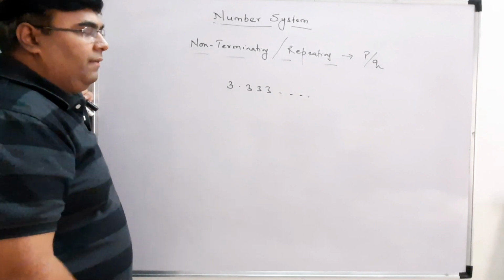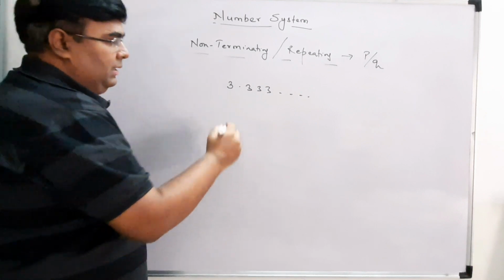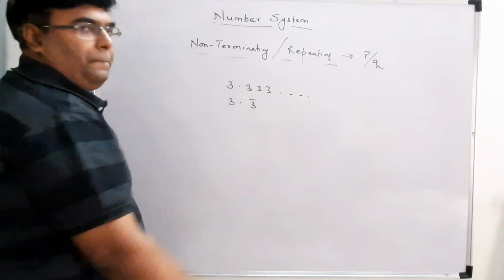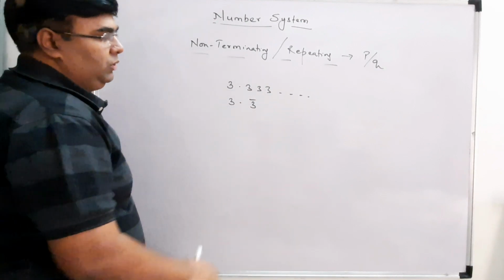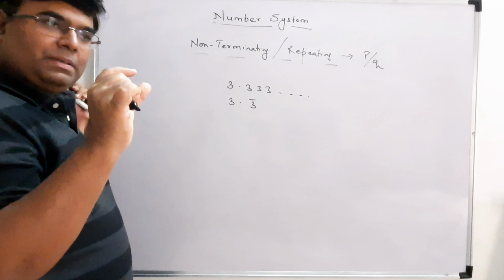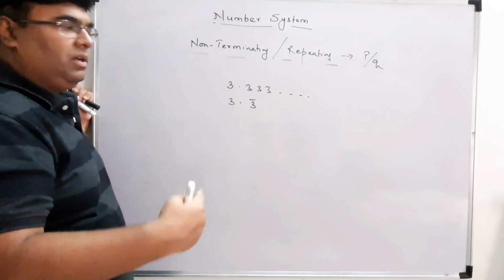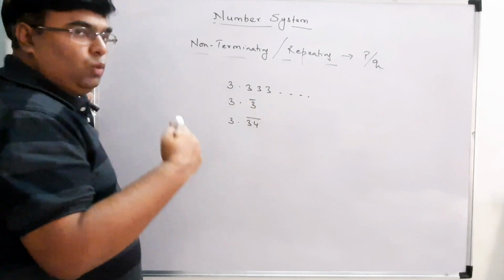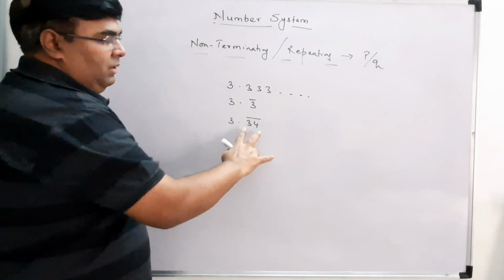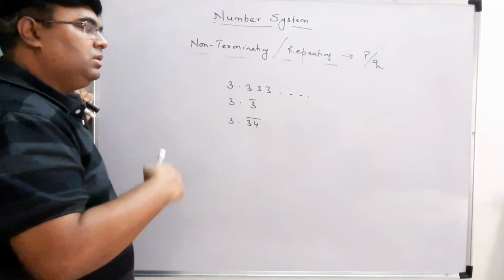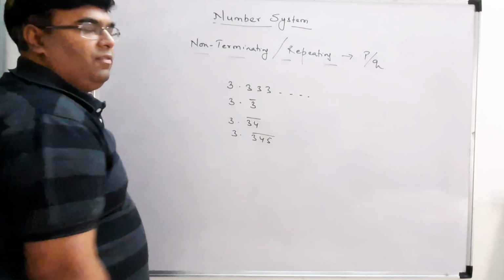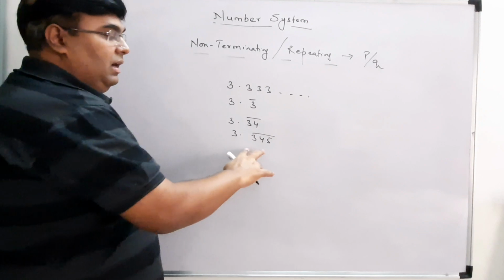3 repeating, we can also write this number as 3 point 3 bar, right? So this bar basically represents that there is a repetition. When two numbers are getting repeated, the bar will be on two numbers. Suppose three numbers are there, the bar will be on three different numbers.